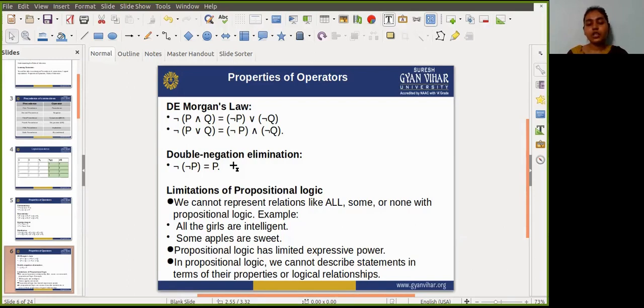And another limitation is that in propositional logic, we cannot describe statements in terms of their properties or logical relationships.